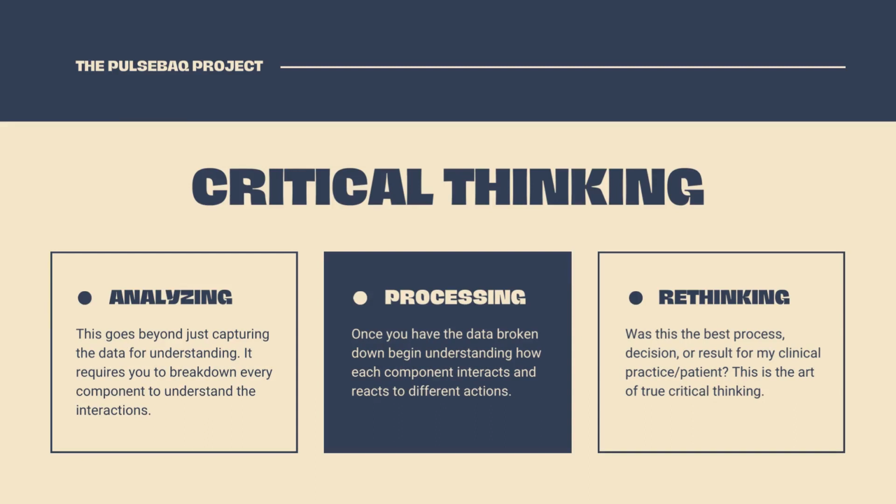And then the last part of critical thinking is rethinking. This is by far the best portion of critical thinking, and this is where your actual superpowers come from: the ability to say, was this the best way? Did my patient get the best result for what I did or what we did as a team? And is there another way that we could have done it to get the same result?